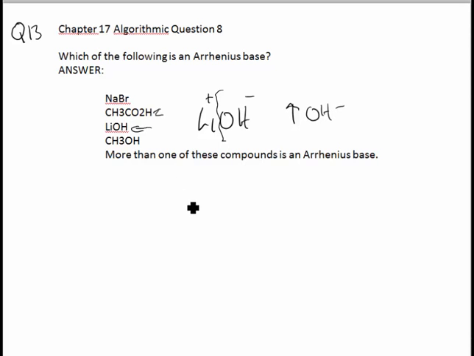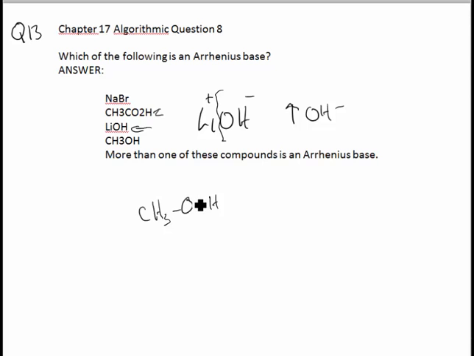Methanol, now there's an OH bond in there, all right, but it's not polar enough to be a proton donor, which would make it actually a Bronsted-Lowry base anyway. That has to be a proton acceptor to be a Bronsted-Lowry base.